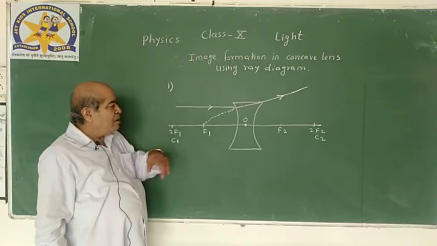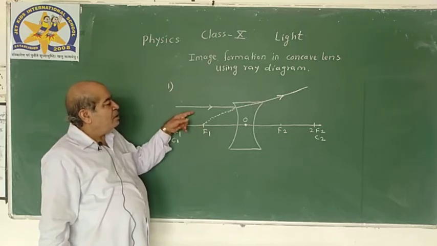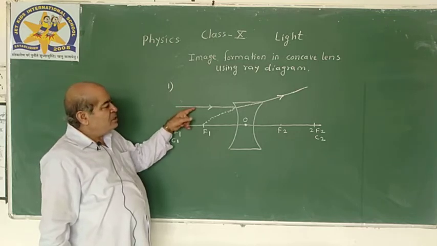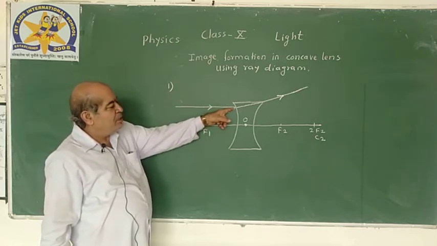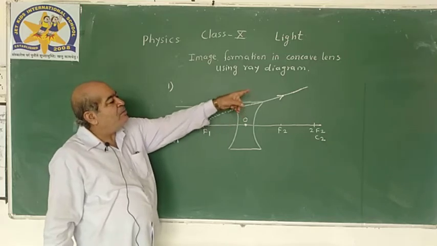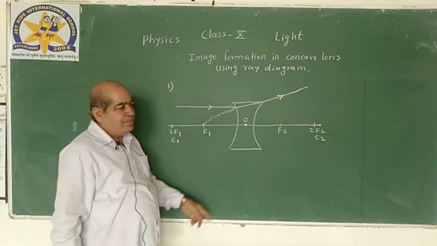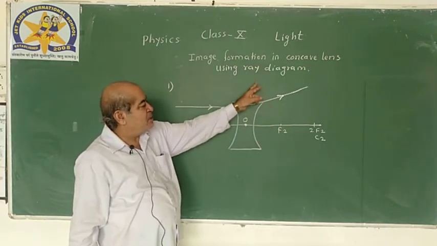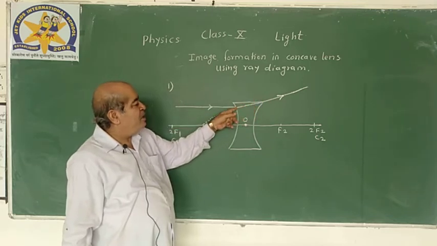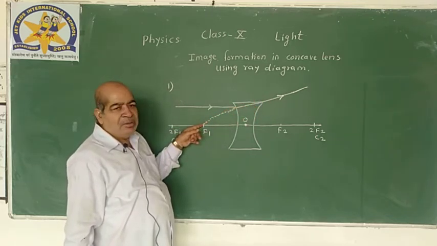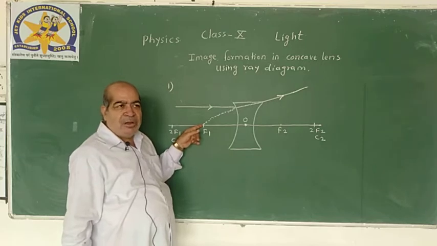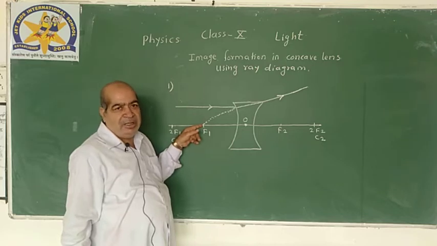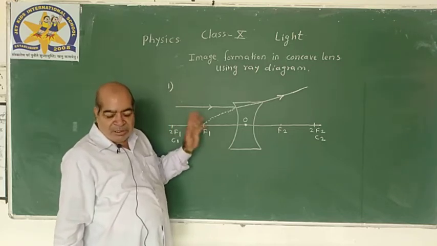When a ray of light parallel to the principal axis is incident on the concave lens, the ray of light is refracted and it diverges from the principal axis and appears to come from the principal focus on the same side of the incident ray. This is the first rule.